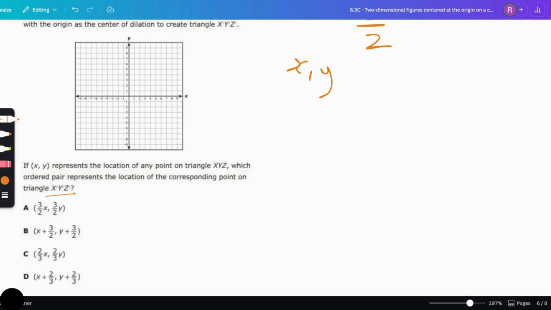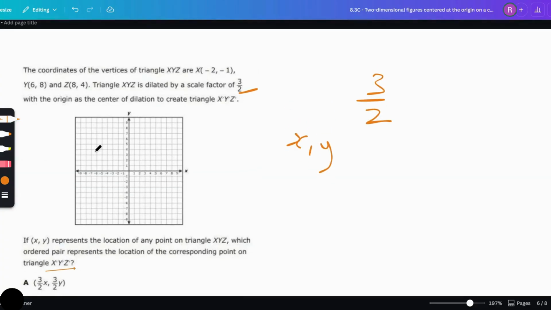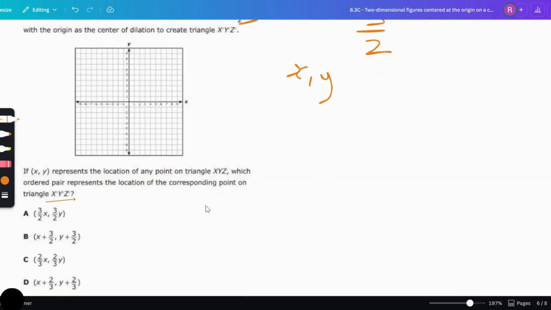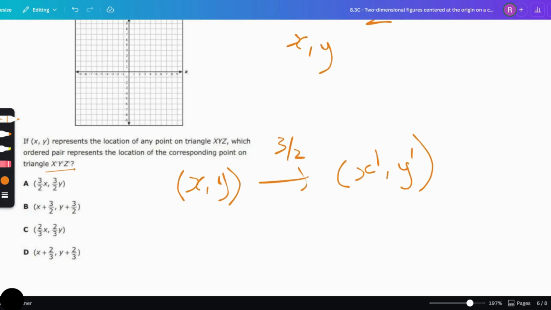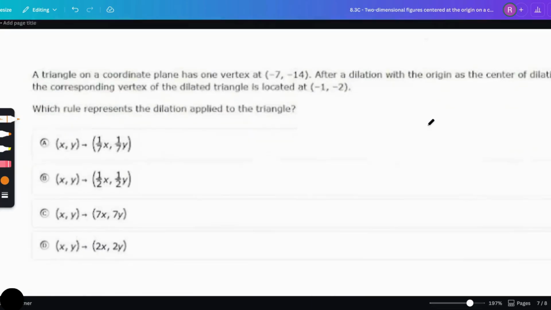So you answer this. We are dilating the point X comma Y by 3/2 to get X prime comma Y prime. So what do you think is the best option? Which option represents the corresponding point?